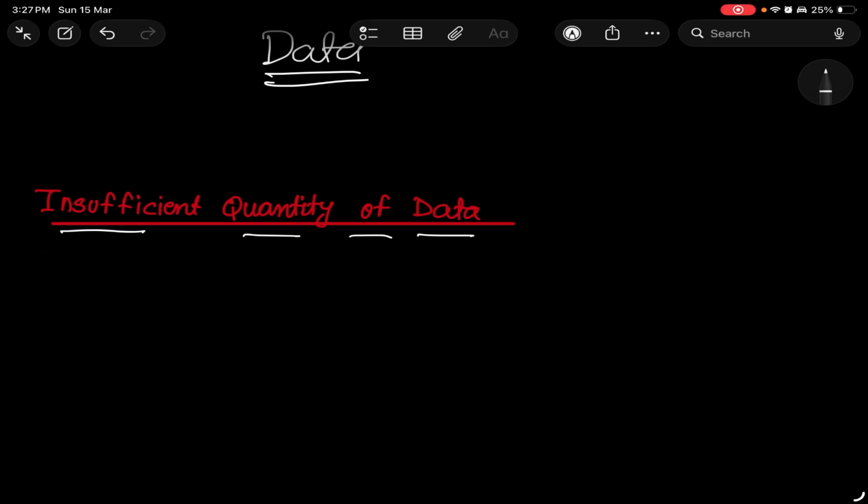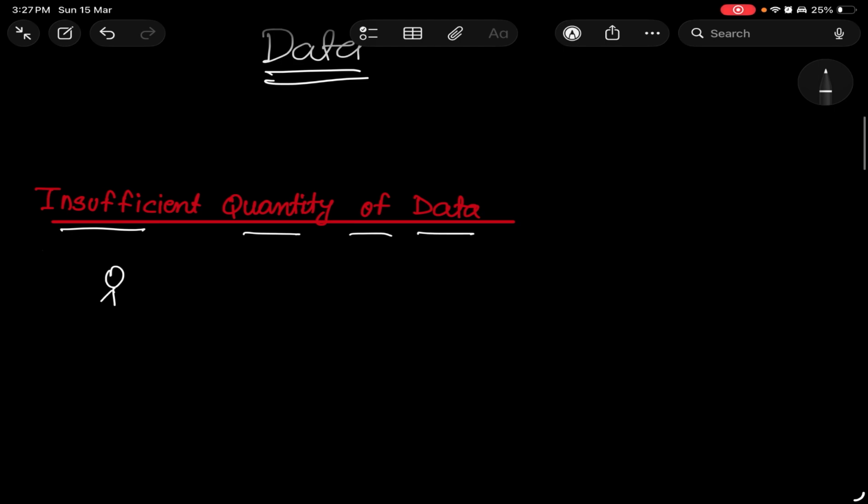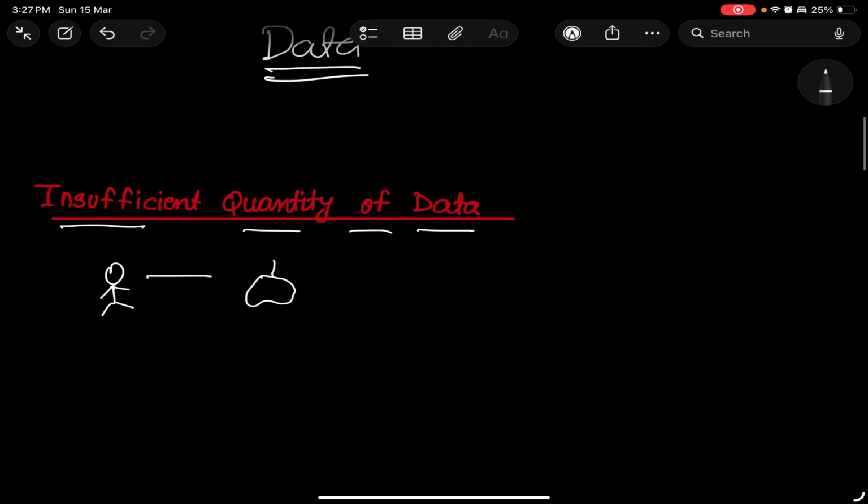The model will never make it, because we do not have sufficient data to make our model perform well. For example, suppose there is a child, and we want him to know what an apple is.